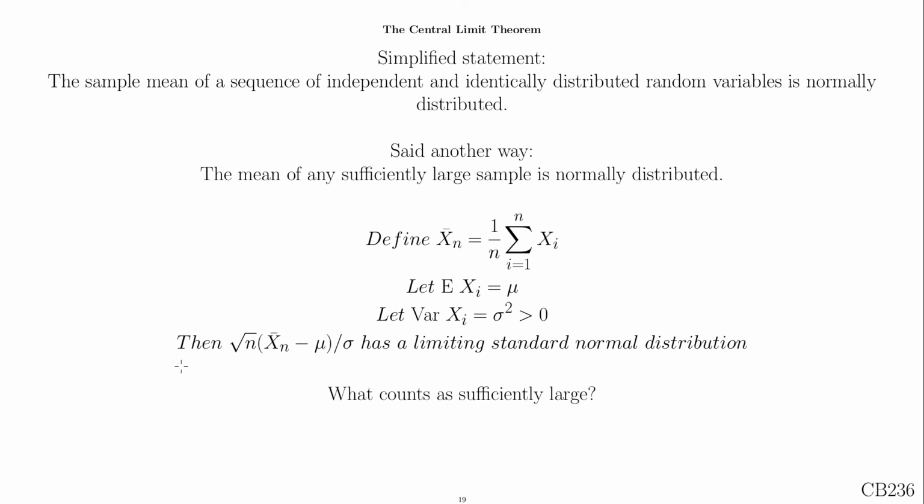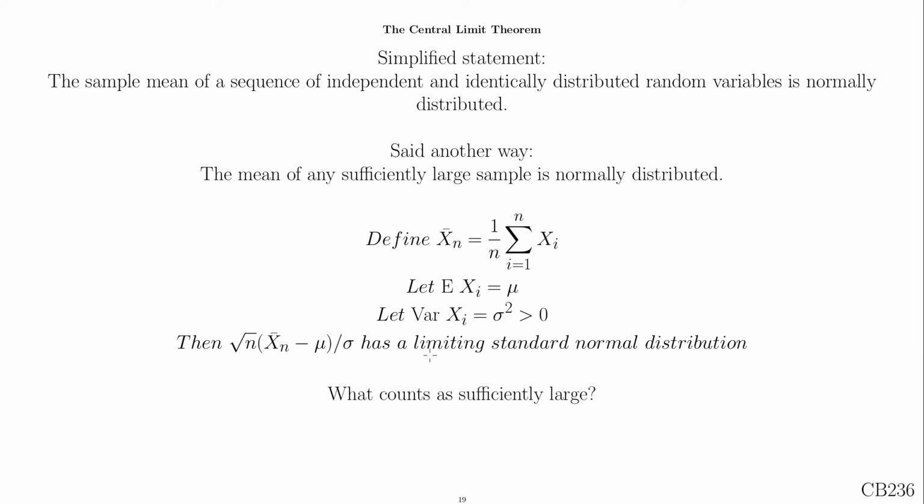And so let's then unpack this statement here. So square root of n times x bar n, otherwise known as our sample mean, with n samples from any random variable, subtracted by the component random variable's mean divided by the component random variable's standard deviation, has limiting standard normal distribution.